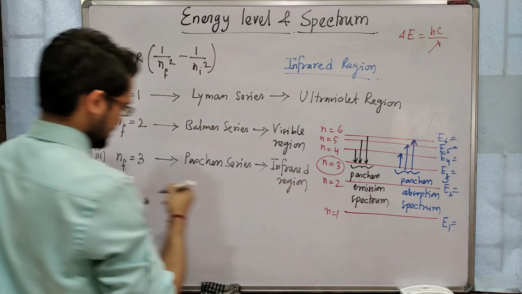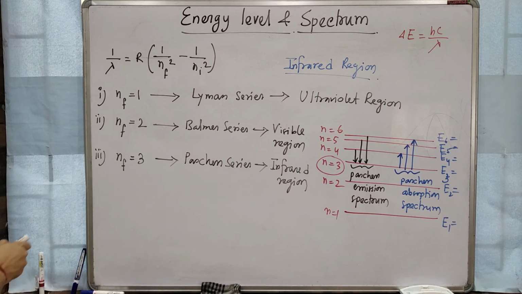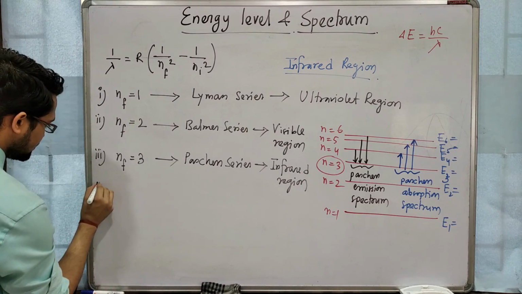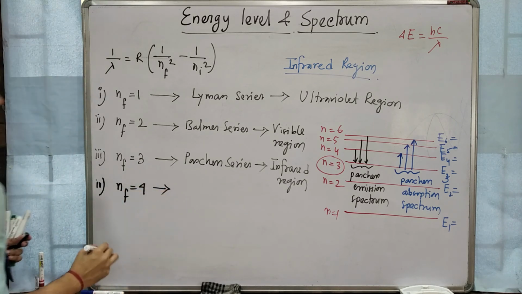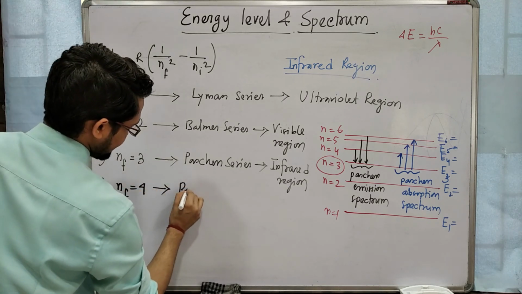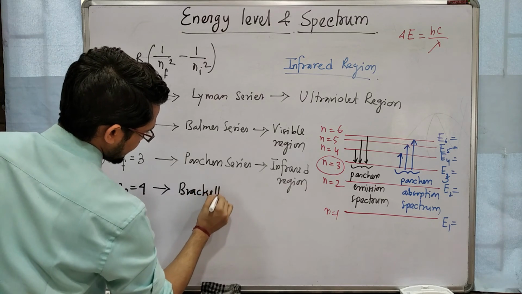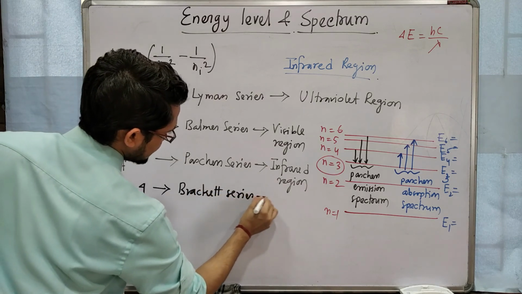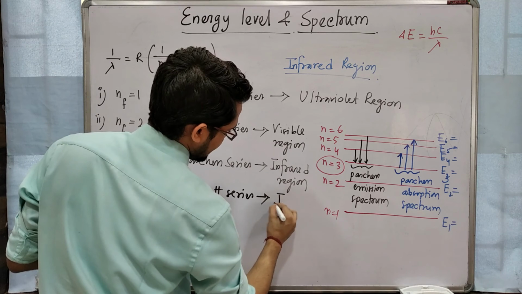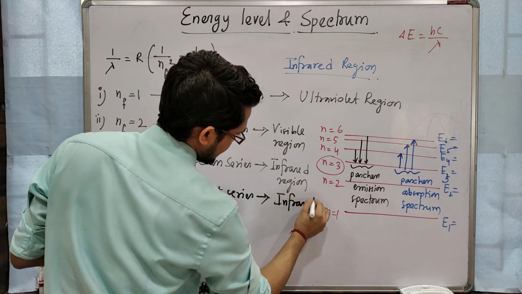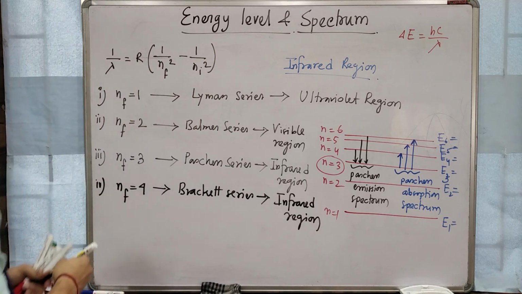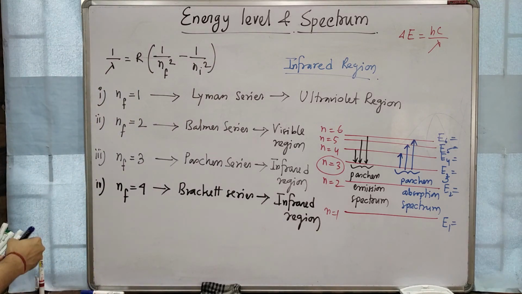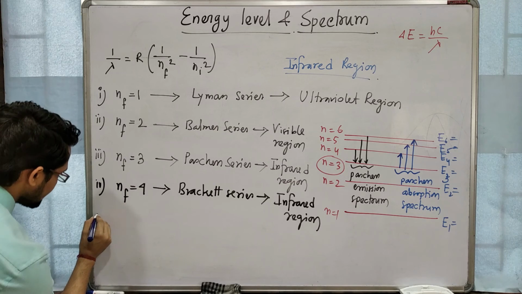After that, nf equals 4 is the Brackett series, which will also lie in the infrared region.